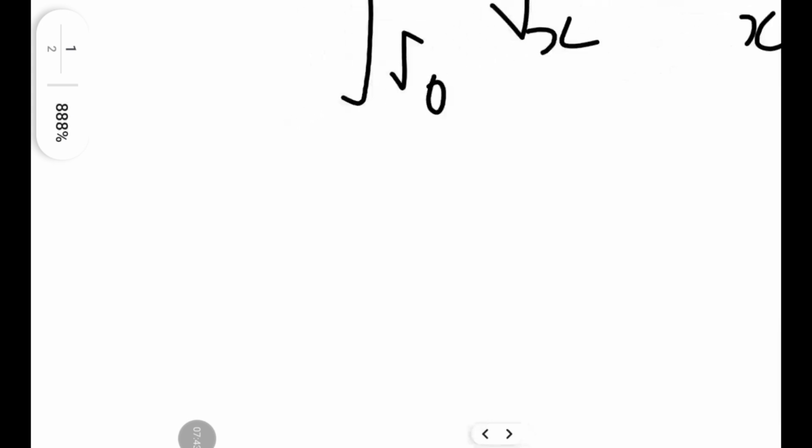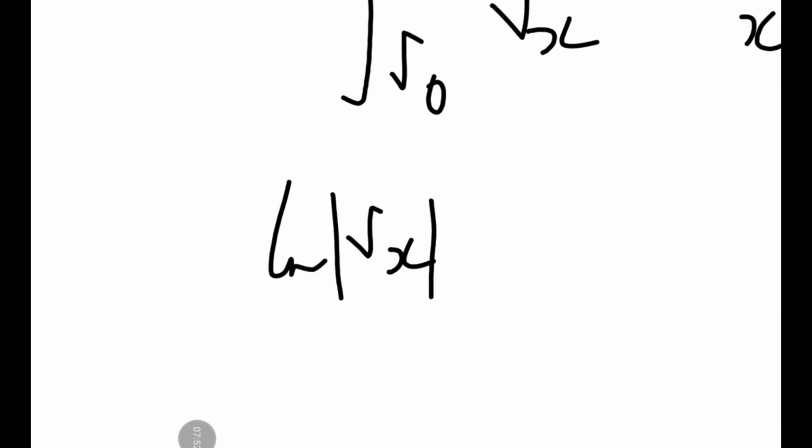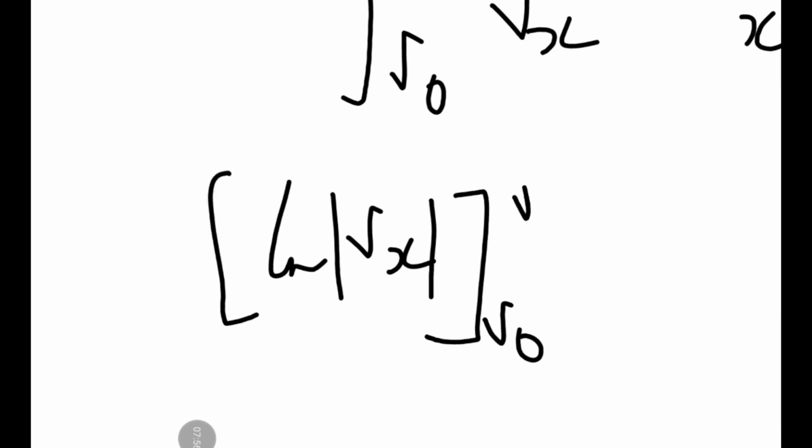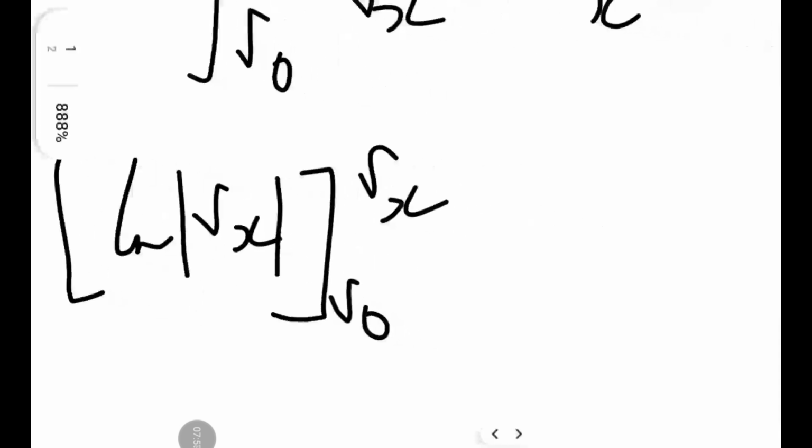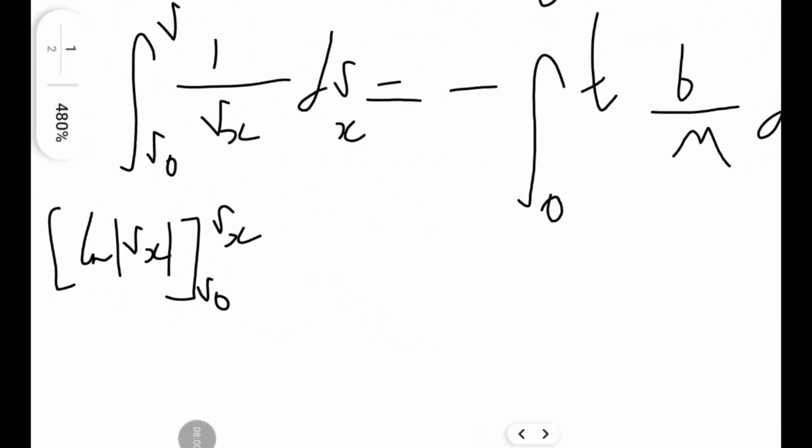When we integrate that, what we're going to get is ln of v of x, and remember it's between v0 and vx. Sorry, that should be v of x, not v.